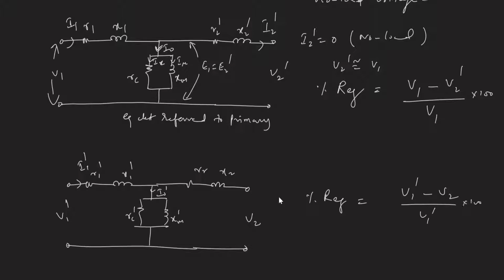Multiplied by 100 gives me percentage regulation. So this is the basic idea of how we calculate the amount of voltage drop taking place in the transformer, right?